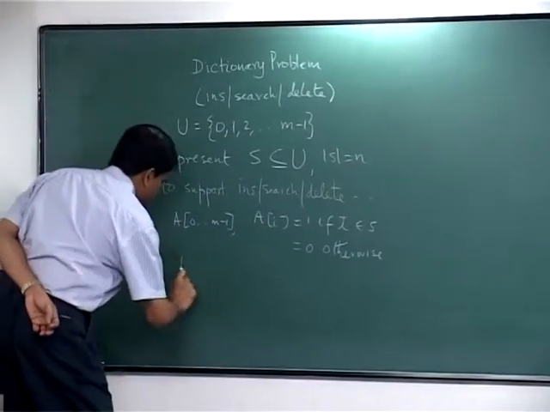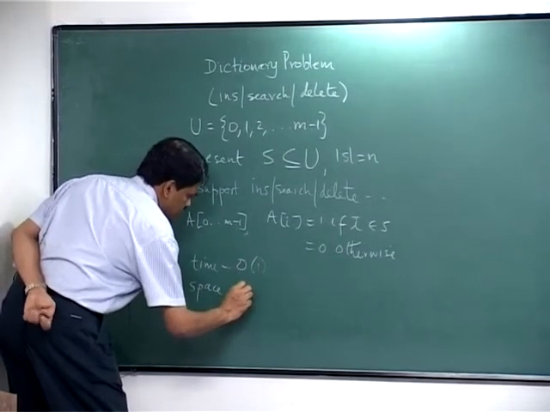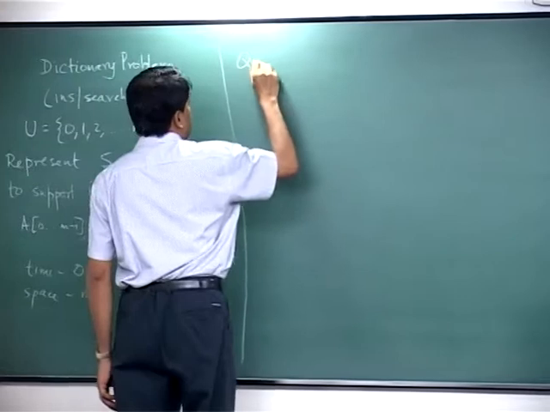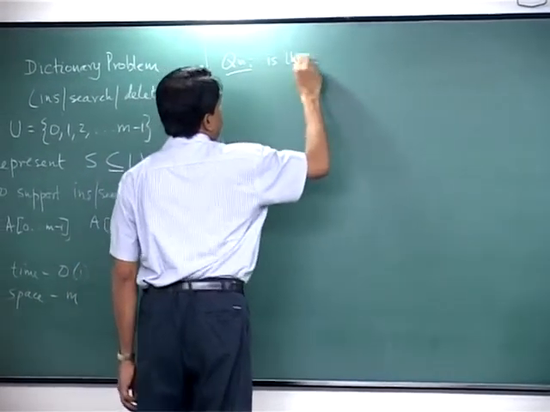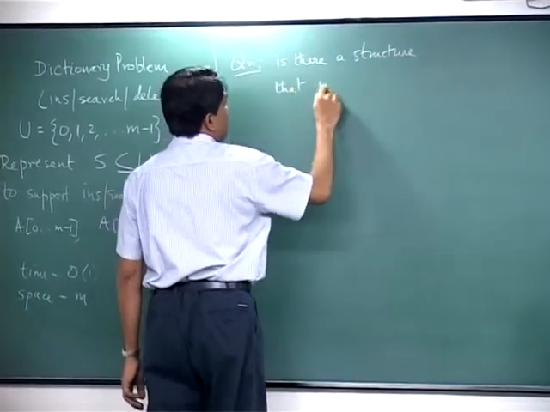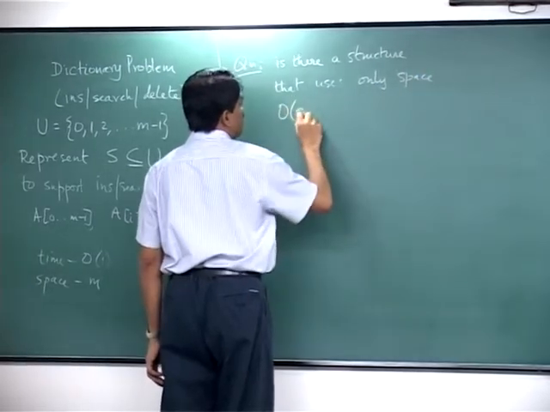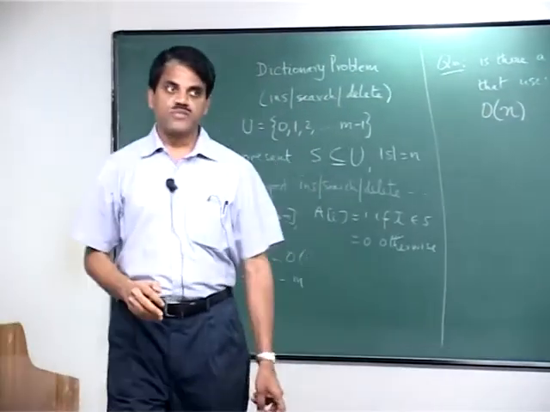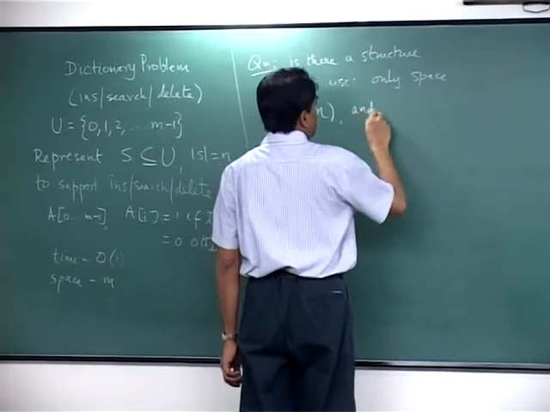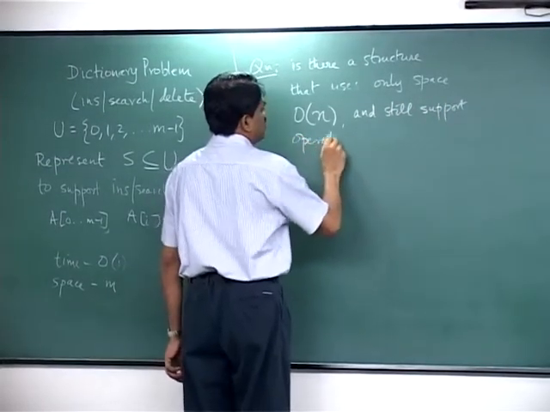Okay, so the drawback: time is constant and space is M. I want to use space proportional to the number of elements in the set, not proportional to the size of the universe, and still support operations in constant time.